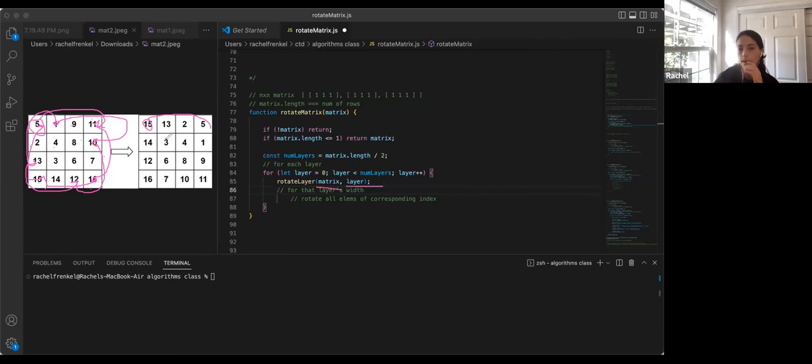So to make the next for loop, to go through each column and row and rotate it, we need to know the start and end indexes, so we know where we're going to start rotating. If you're given this matrix and they tell you, okay, rotate layer 1, it's going to start at, what was this? Remember, what was the row of this one?